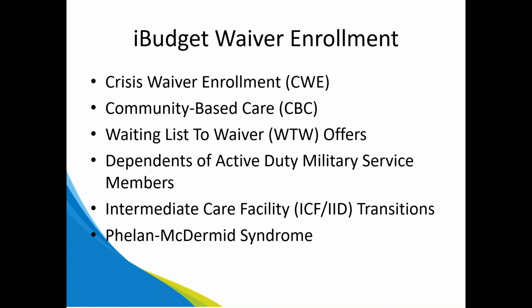Next are children from the foster care system who meet priority category 2. In addition to that, between the years of 2015 and 2017, the Florida legislature appropriated additional funds to offer approximately 6,000 waiver slots for individuals with intense needs on the waiting list. However, no additional funds have been appropriated by the legislature since then to make additional offers.